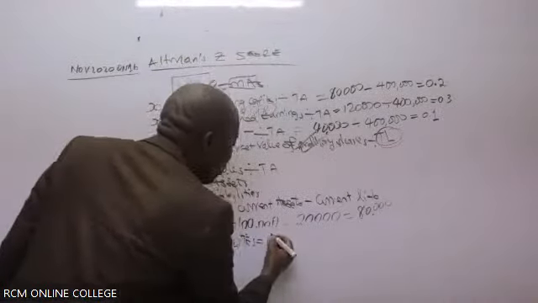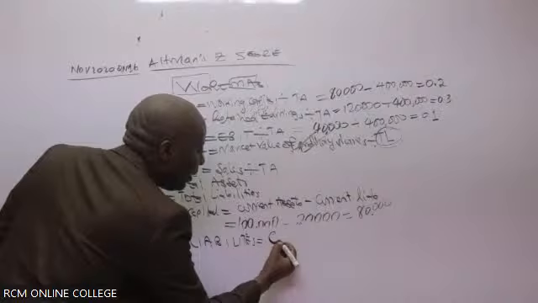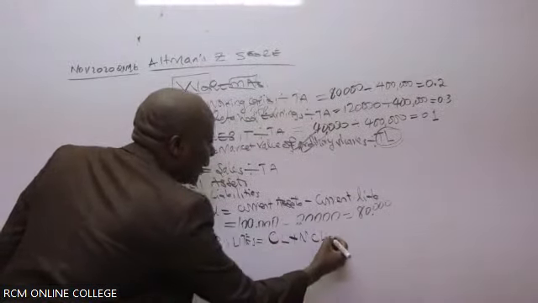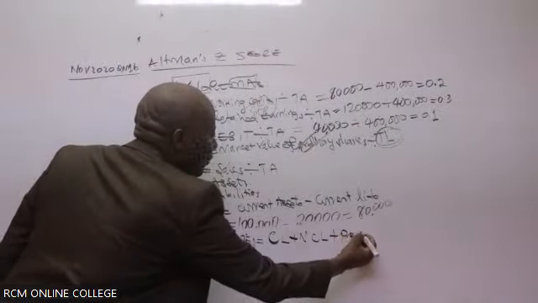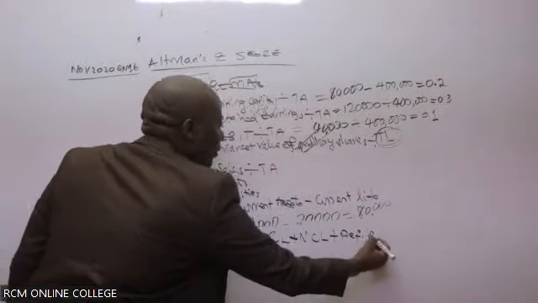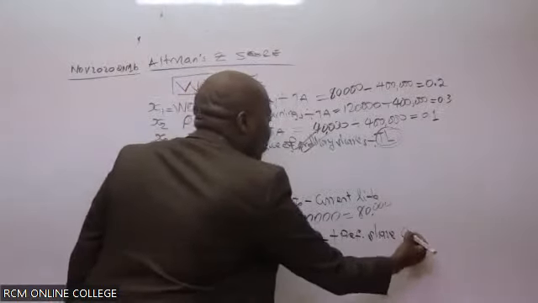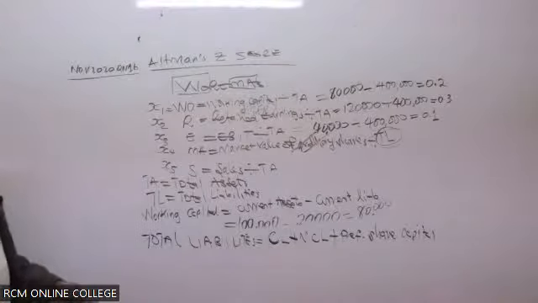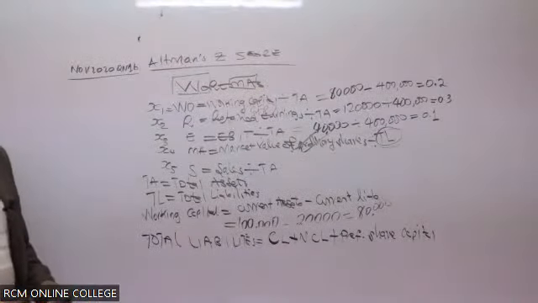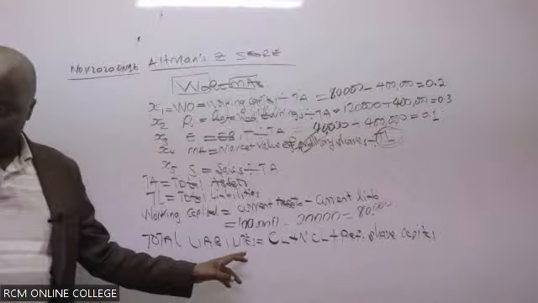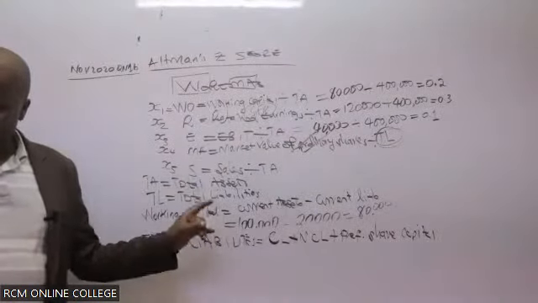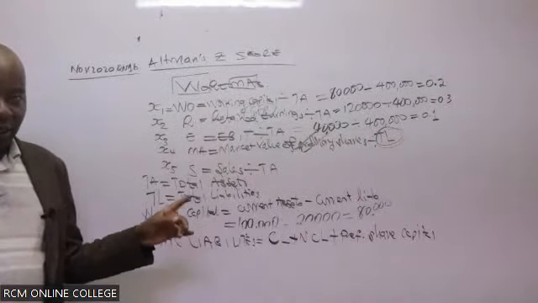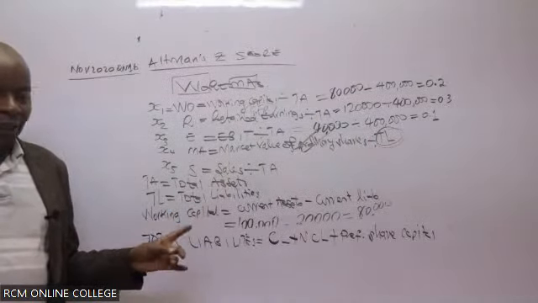For total liabilities, we are looking at the current liabilities plus any non-current liabilities plus any preference share capital. Anytime they want you to get the total liabilities, we normally take the current liabilities plus any non-current liabilities plus preference share capital.